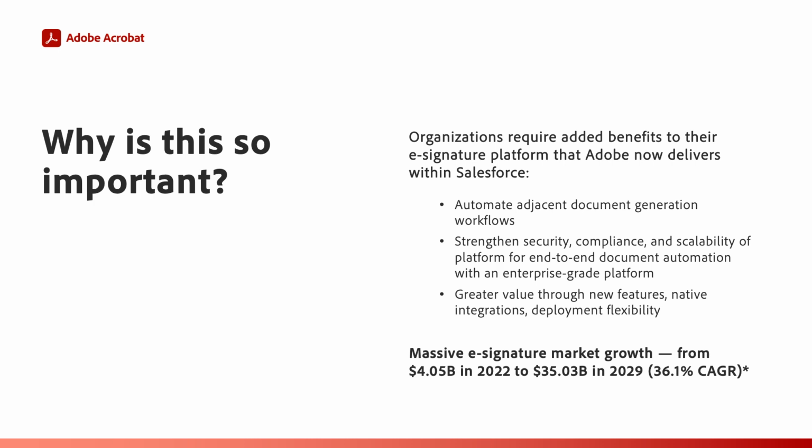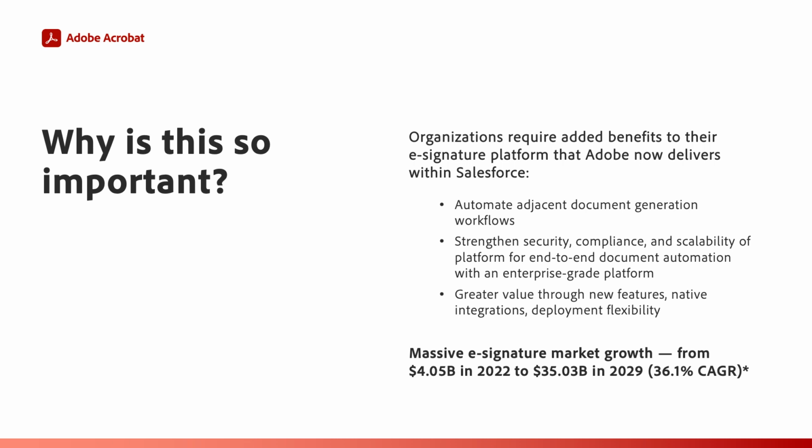And as organizations really rely more on e-signature platforms, they want more from them, right? So in 2021, IDC actually identified the top trends in the e-signature space. And they fall into three categories, right? First is that organizations want to automate document workflows that are adjacent to the approval and e-signature phases, starting with the earliest phase, right, which is that document generation phase. Second, they want enterprise-grade platforms with stronger security, compliance, scalability.